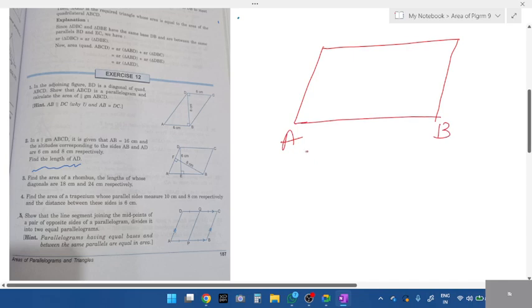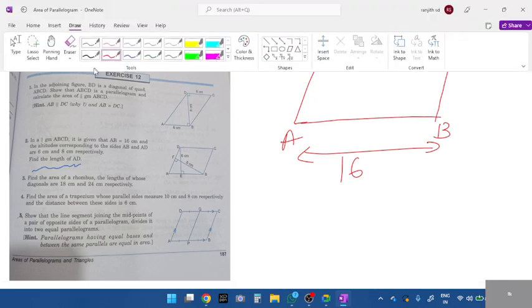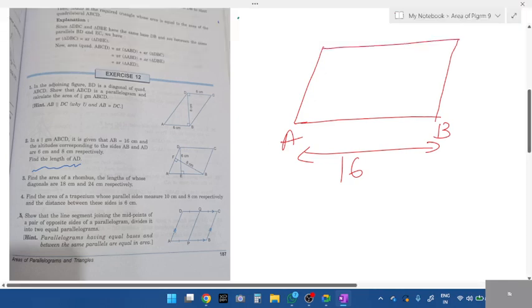Okay, what is the value of AB? AB is 16. Read from the beginning. In a... So what is ABCD? Rectangle or parallelogram? You read the full sentence, then only you will understand. If it is a rectangle, the properties are different, right?